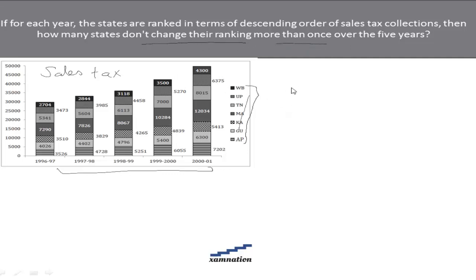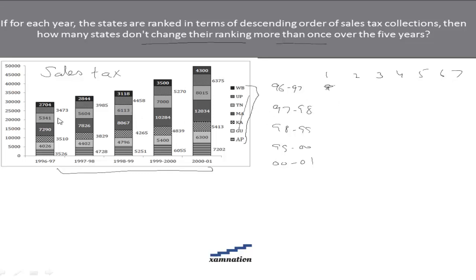So we have 1996 to 97, then 97 to 98, then 98 to 99, 99 to 2000, and 2000 to 2001. Okay, so we need to find out the ranking of different states.